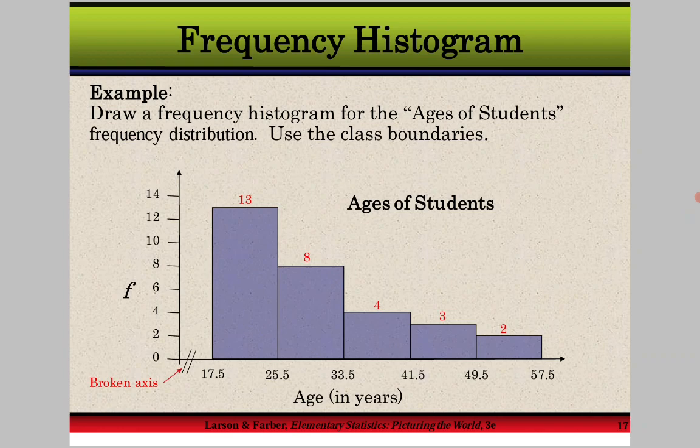In this example, in the x-axis we may use ages, and in the y-axis we may take frequency.